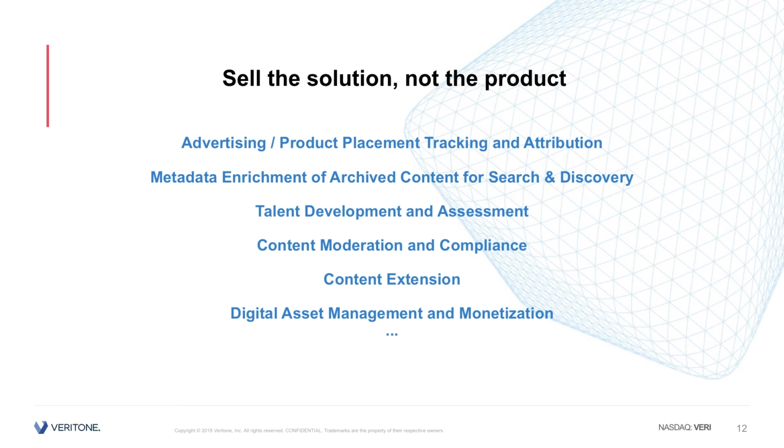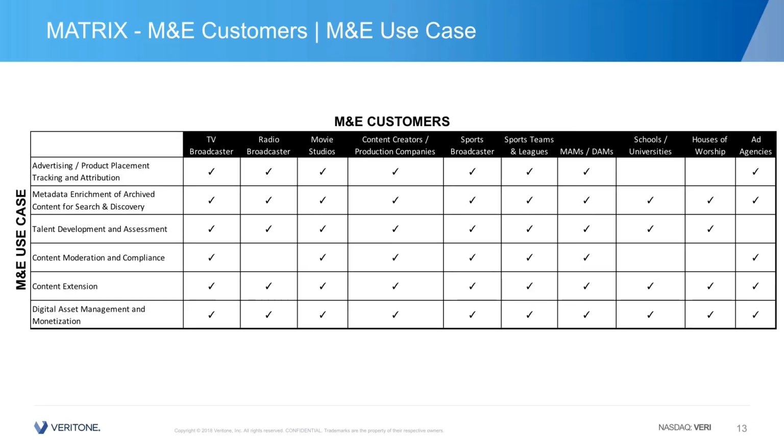Great, thanks. I just wanted to also review quickly: last webinar, we showed you a matrix of M&E customers and the use cases. As you can see, we talked about a lot of these use cases today on the left-hand side, and they apply to a lot of these M&E customers.